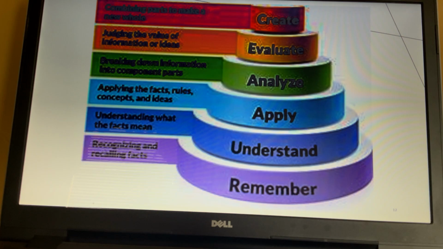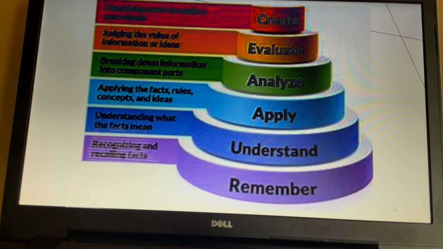Then we move them up to analyzing. They can break down the information into component parts, understand the component parts, put the component parts back together to get the whole. Next, they can evaluate. That means they can judge the value of information or ideas.